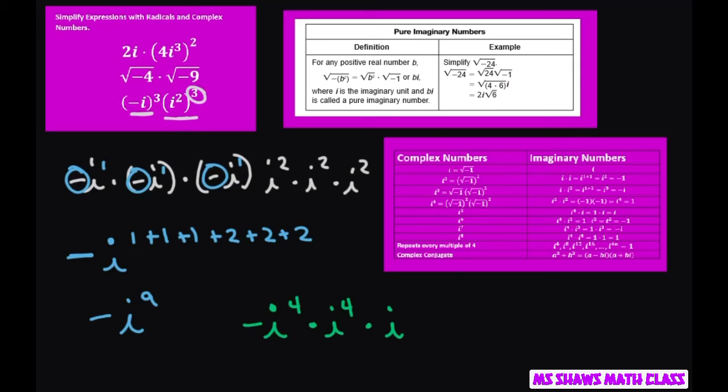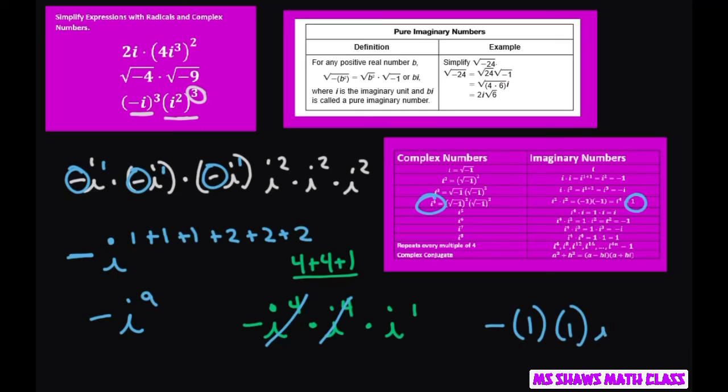Because again, that would be 4 plus 4 plus 1 equals 9. And the reason I want to write it in 4 is because this is our nice one. It equals 1. So you have negative 1 times 1 times 1 times i. So the final answer is negative i.